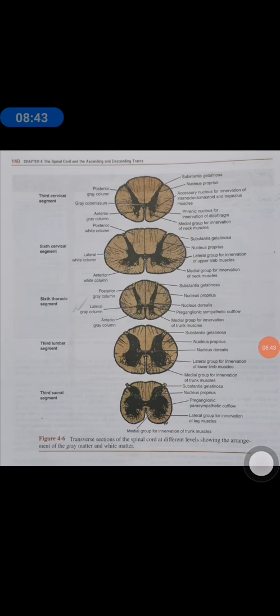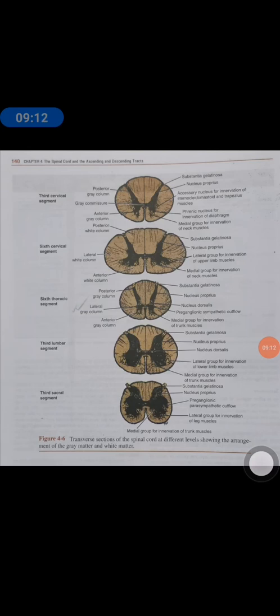Now the posterior horn. The posterior horn contains sensory neurons and is divided into four groups: substantia gelatinosa, nucleus proprius, nucleus dorsalis and visceral afferent nucleus. Substantia gelatinosa carries faint touch and temperature, that means exteroceptive sensation.